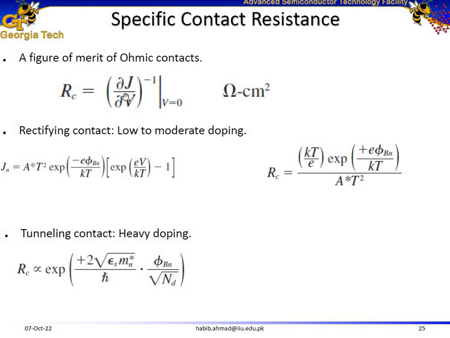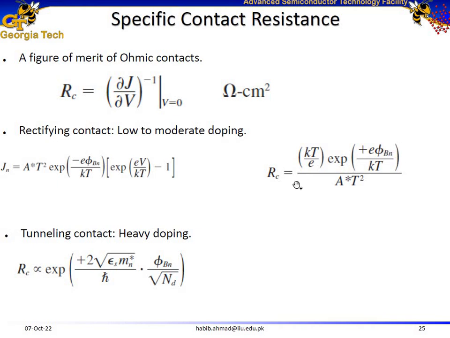So how do you calculate specific contact resistance? It is the inverse of the derivative of the current density with respect to voltage. For a rectifying contact, for a Schottky diode, here is your relationship for the current density. From this relationship you can calculate specific contact resistance, which is proportional to phi_Bn. So for a Schottky contact, your specific contact resistance is going to be higher for higher Schottky barrier height.